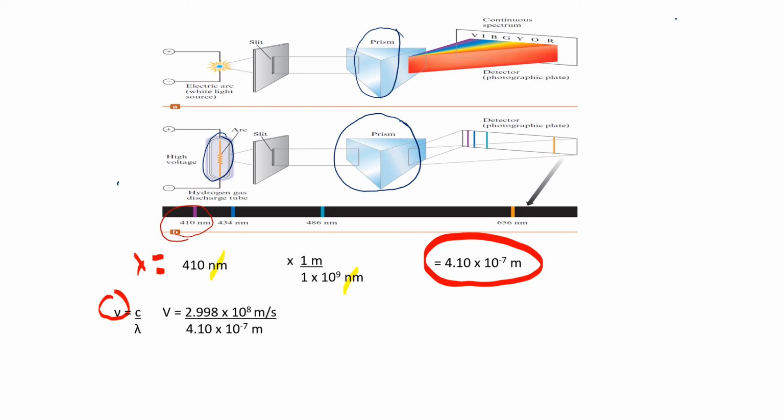The wavelength has to be in meters so the meters can cancel out. So I end up with 7.31 times 10 to the 14th inverse seconds. Inverse seconds is either 1 over seconds or hertz.